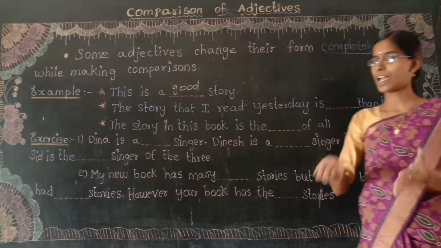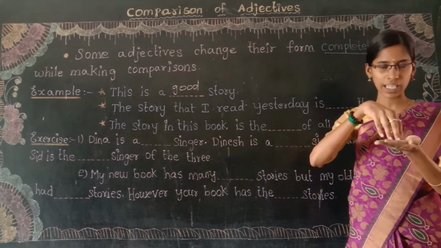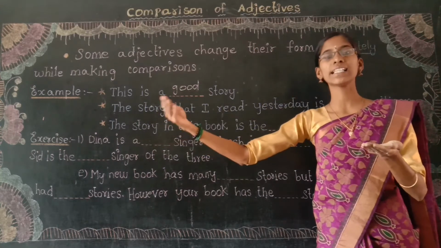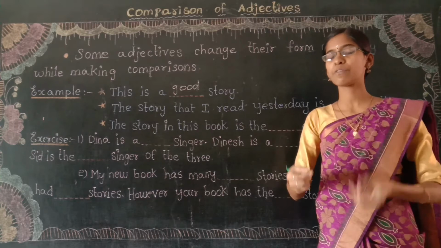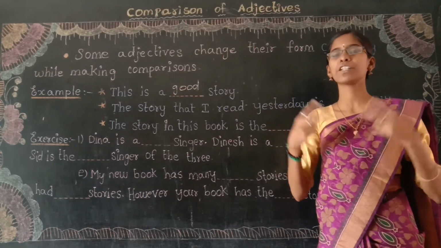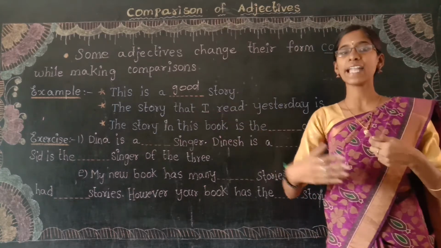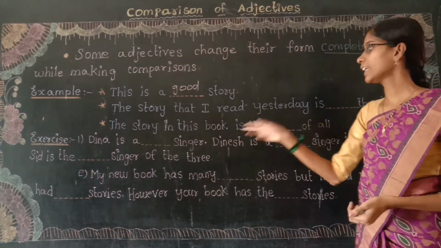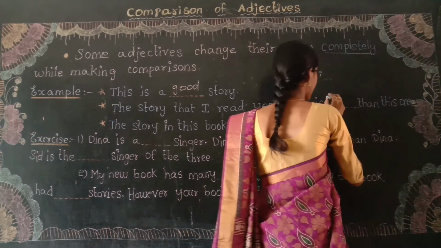So here we are making a comparison between the present story and the past story that I read yesterday. So here we are making a comparison between two stories, right? So when we are making a comparison between two stories, then good changes into better.